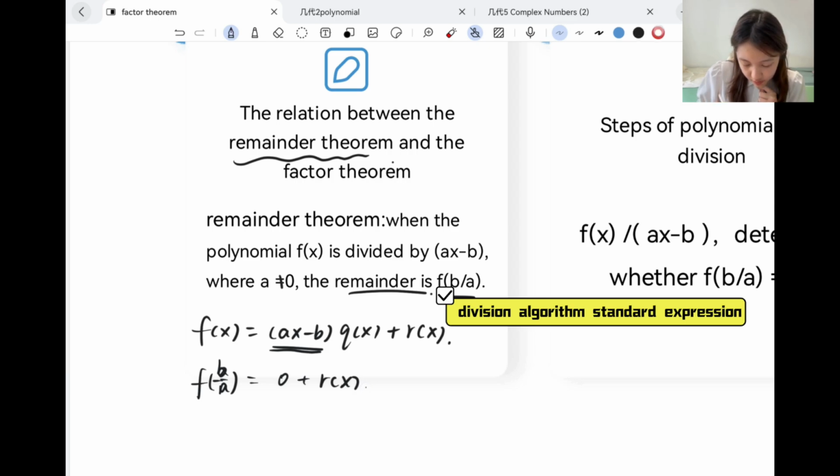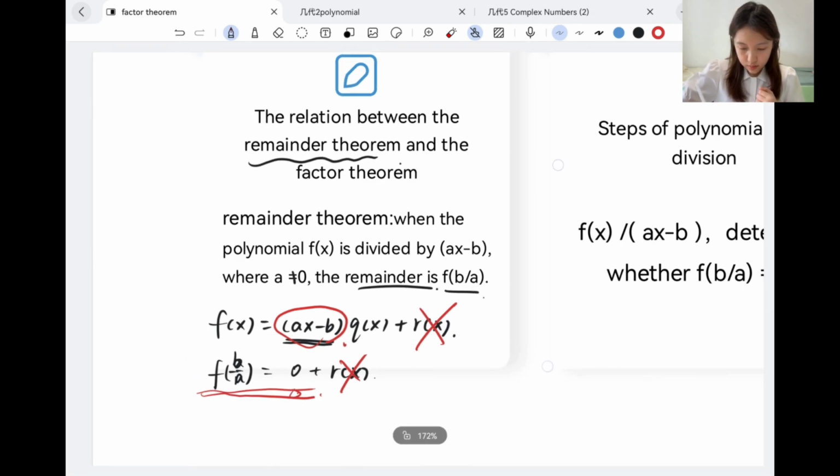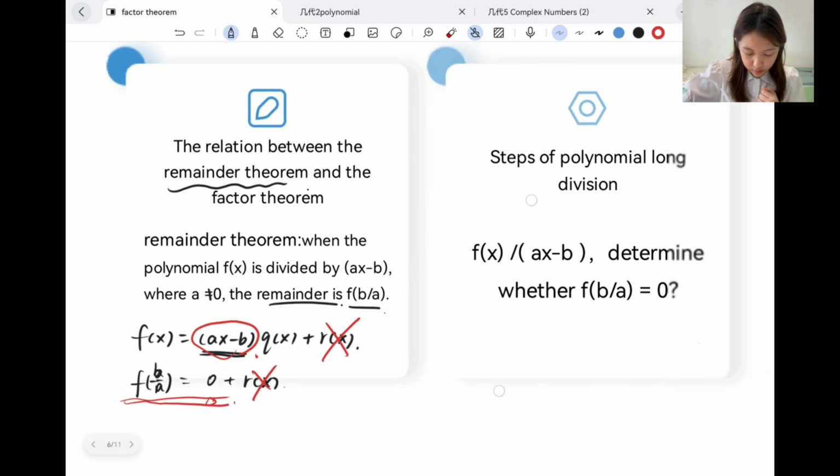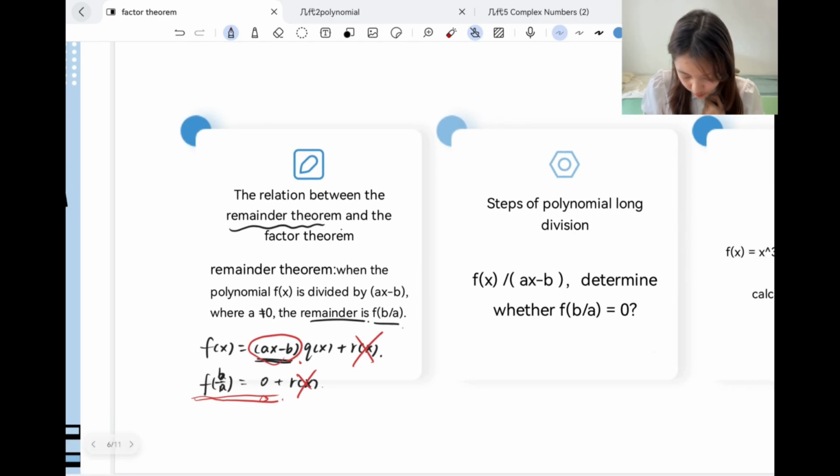But today, we learn that f(x) has a factor of ax minus b, so it will not have a remainder. So f(b over a) will be 0, right? That was the proof. And the second way to prove it is to use long division.